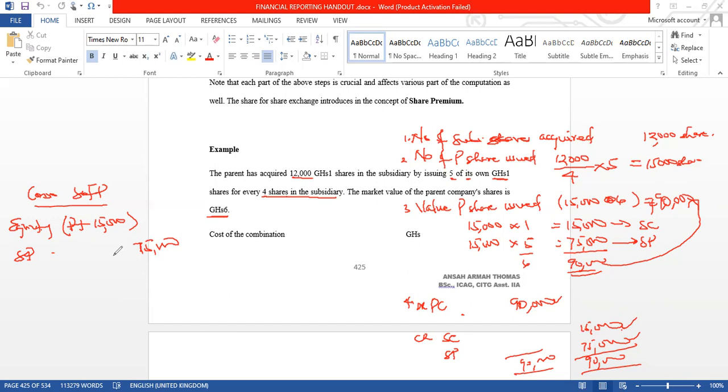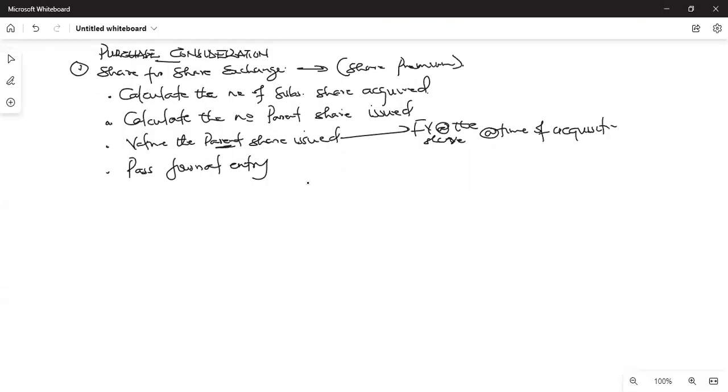So that is how share for share exchange works. Just a quick reminder, you need to go through these steps that I've outlined here. Make sure you pass the journal to help you know your double entry. All right, let's go on.